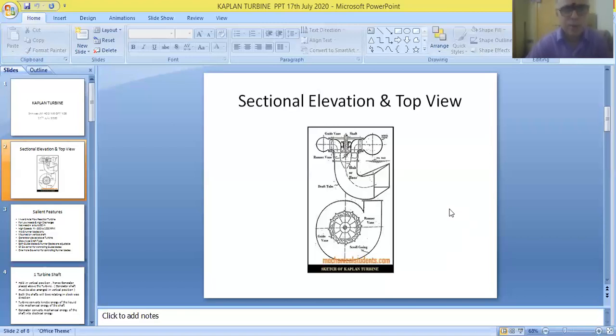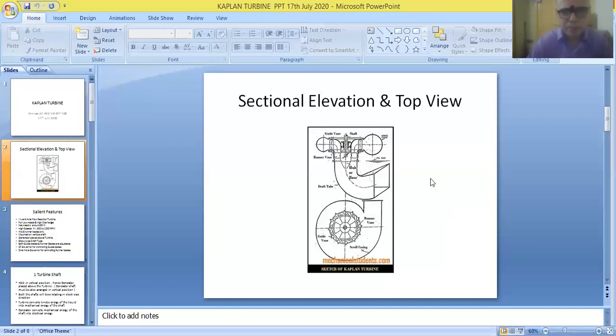So we have to make arrangements for removing the negative pressure of the liquid. Otherwise, it will result in cavitation. It will be damaging the blades of the runner. So therefore, a draft tube is fitted to the outlet of the runner.